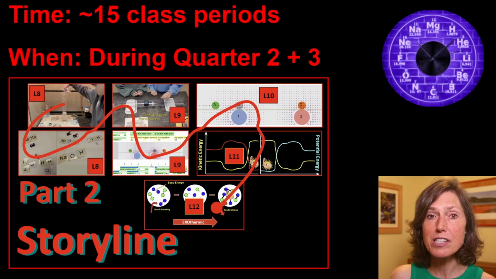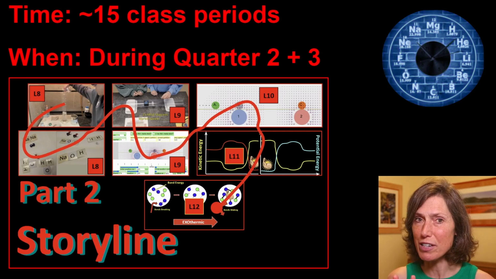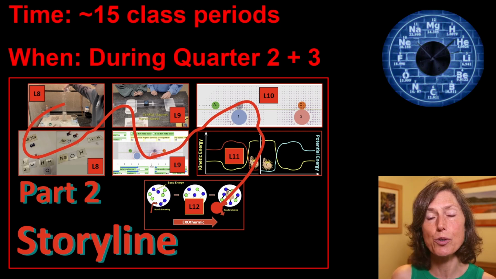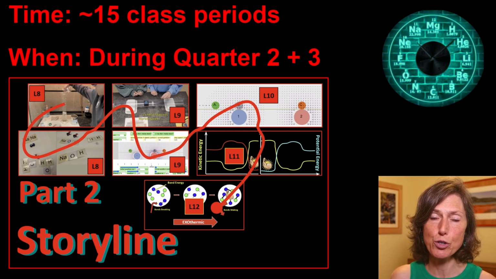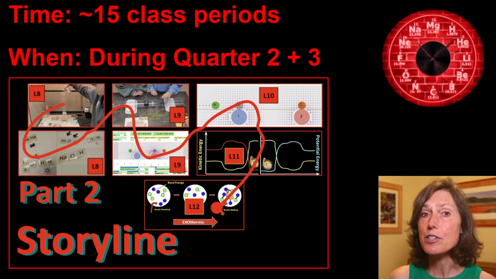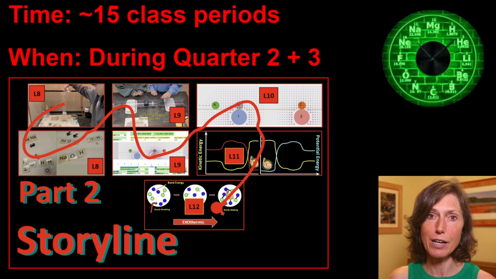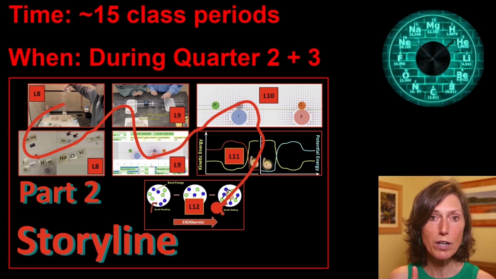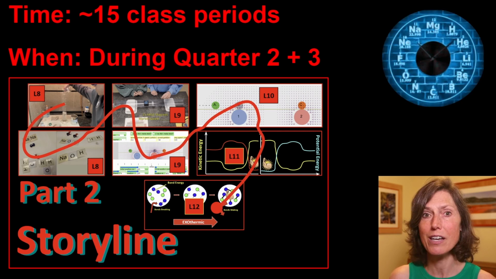Like the first half, the second half also took roughly 15 class periods to teach, and I taught these 5 lessons during the second half of quarter 2 and quarter 3. This means that this entire storyline can be taught during the first 3 quarters, encompassing roughly 1 class cycle per week, if this is how you choose to organize it.